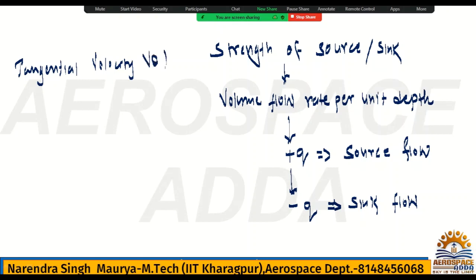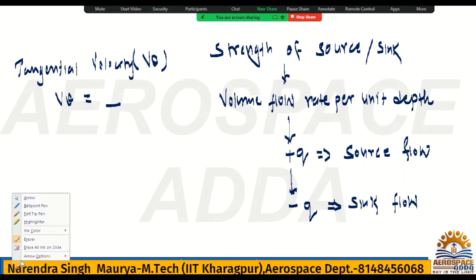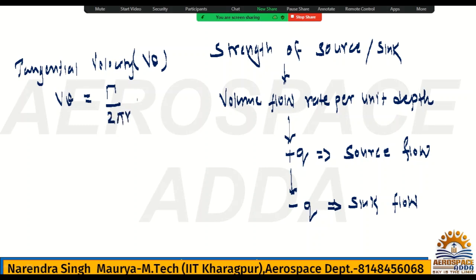Tangential velocity v theta is equal to circulation upon 2 pi r.